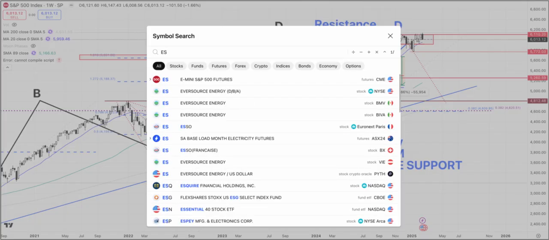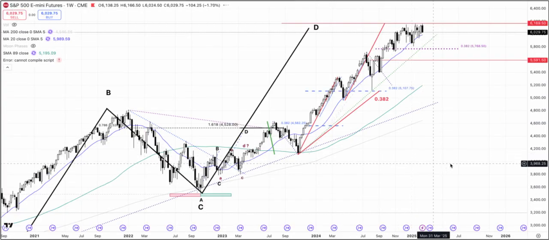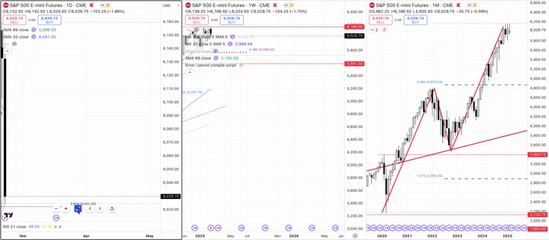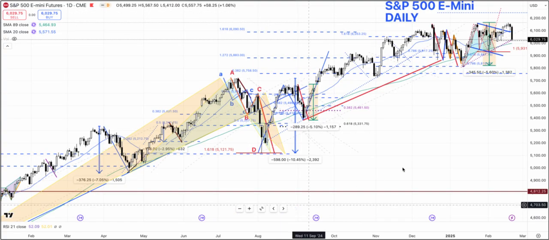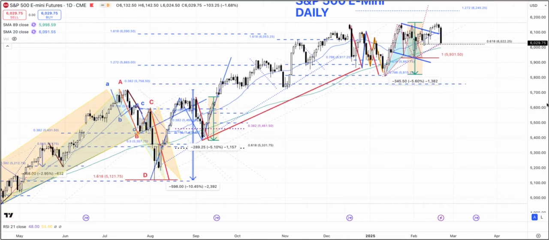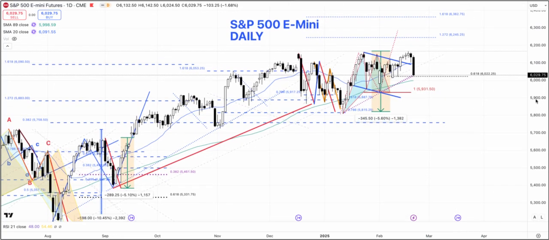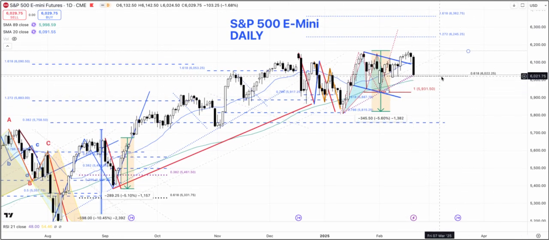Now if we just flip to the futures and take a look at the price action on the futures chart, it's a similar kind of price action, ABCD right there, the smaller one in red. And then if we just move back to the daily chart, here we go. On the daily chart, what we see is basically similar to what we saw on the cash. We have the 61.8% retracement, and then we also have the 38.2%, which I've not drawn from here.